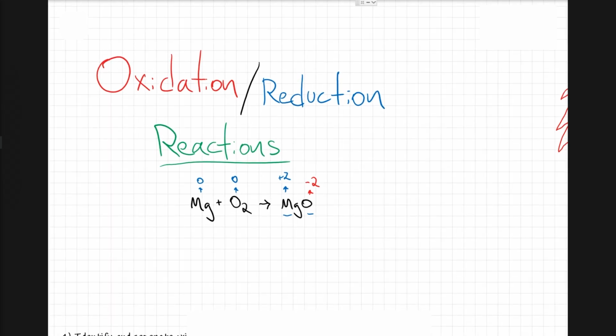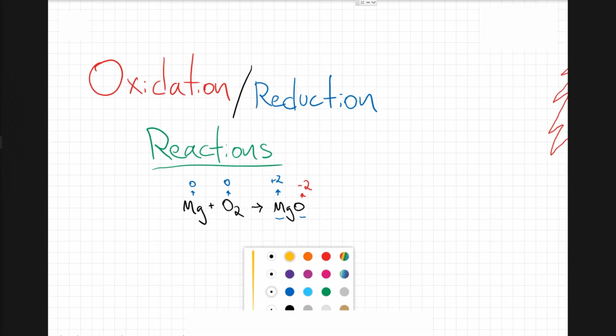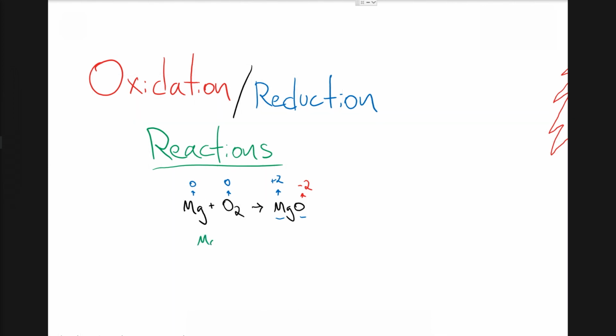So what we do is we break this down into two half reactions. For one of the reactions, we say that magnesium goes to magnesium 2+ plus 2 electrons.